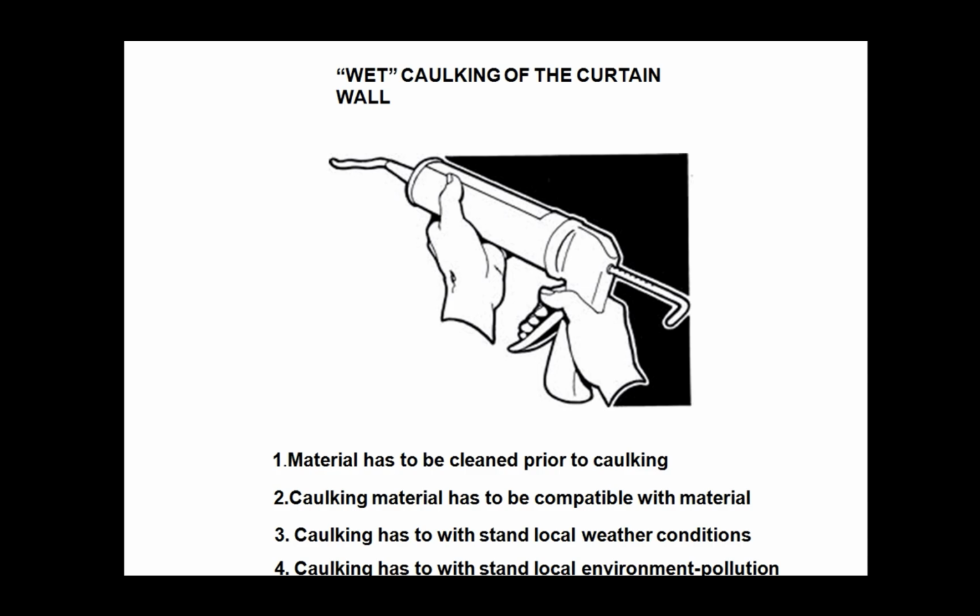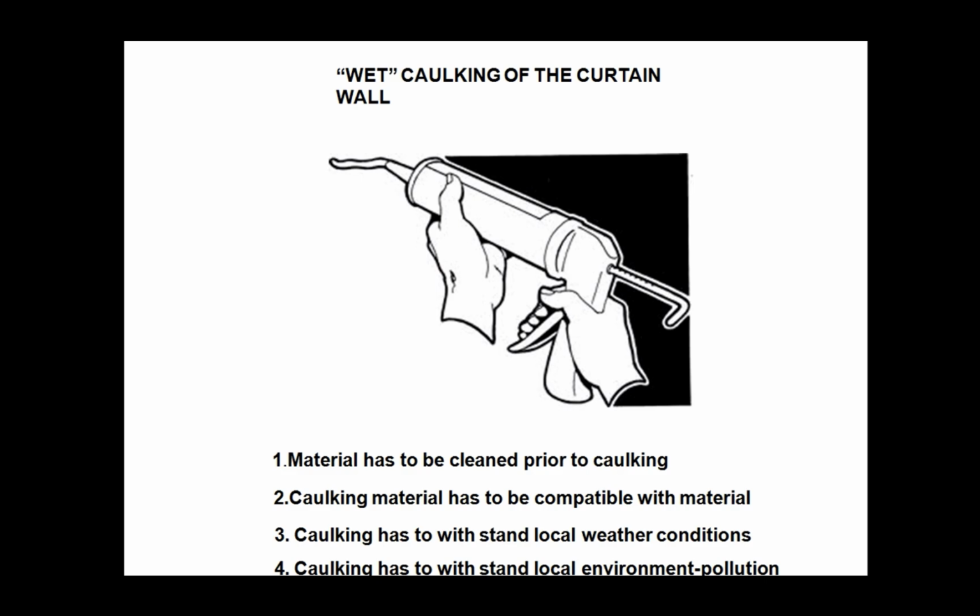Again, caulking was a common method of sealing between panels. Just like you're caulking around the home, around the bathtub, making sure that the surface is properly prepped, cleaned, and dry is critical. Making sure that the caulking material that you use will tack to whatever you're putting it on.